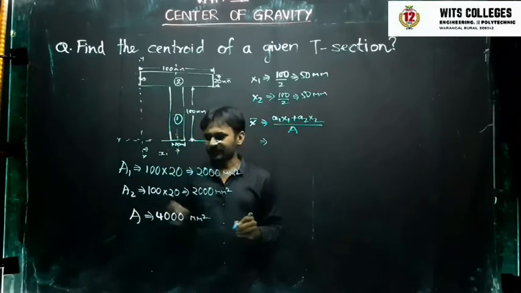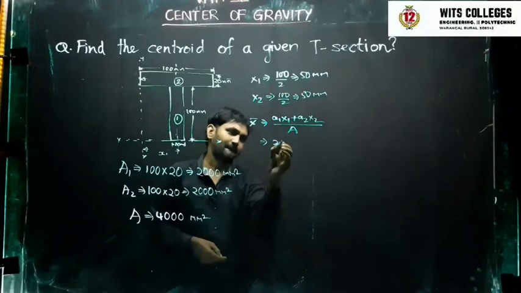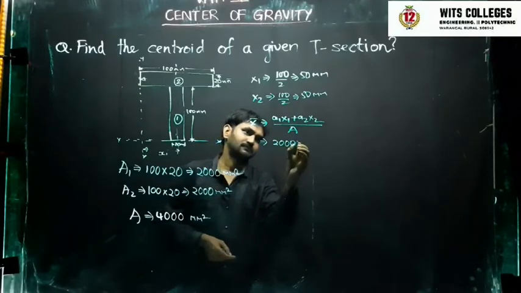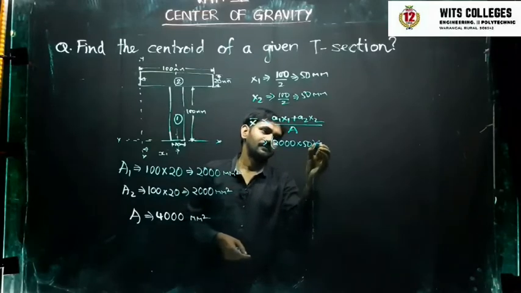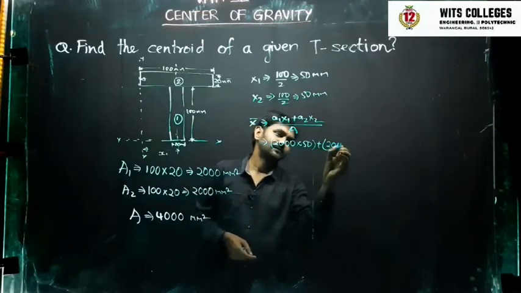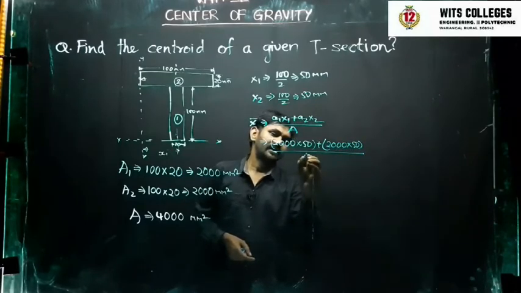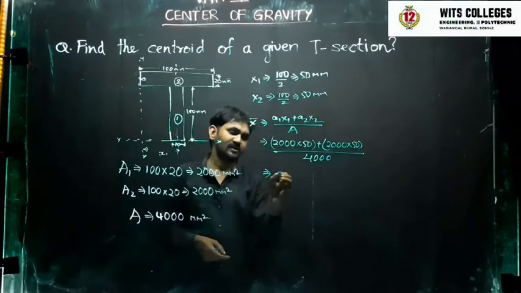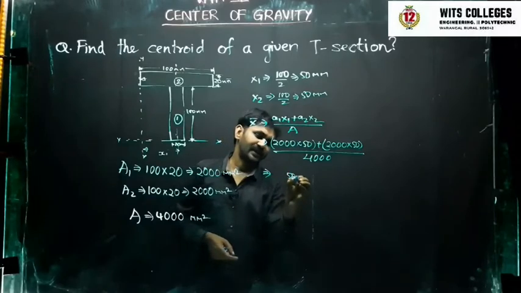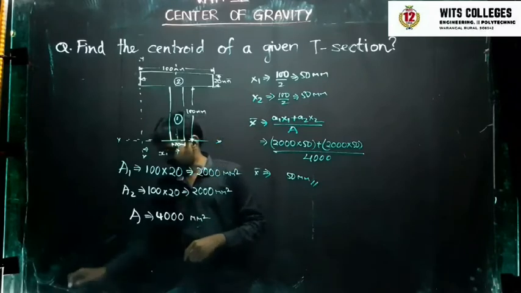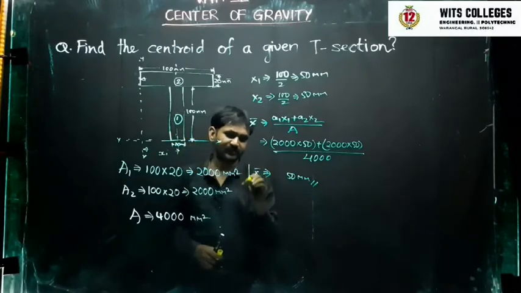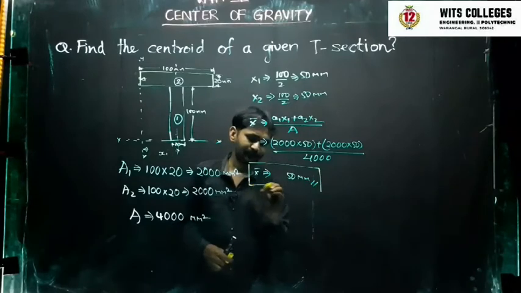So A1, what is A1 here? 2000 into x1, which is 50, plus A2, again 2000 into x2, which is 50, divided by 4000. So this is equal to 50 mm. So this is your x bar. So the x bar value will be 50 mm.